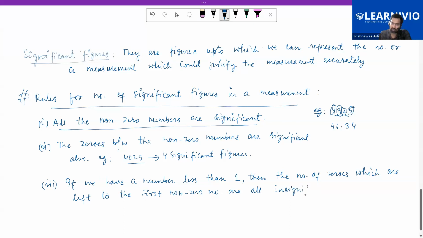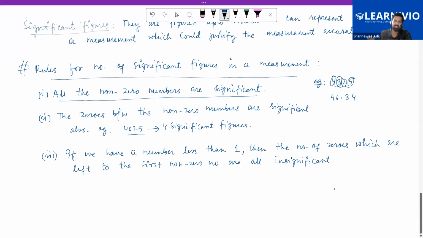What I am trying to say is, how do I represent a number which is less than 1, for example 0.5, right? This is a number which is less than 1.